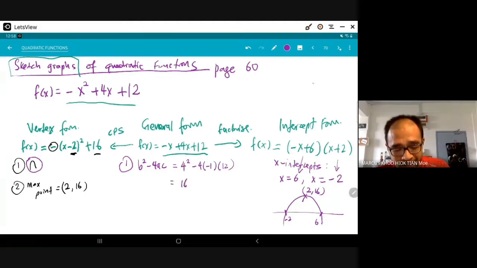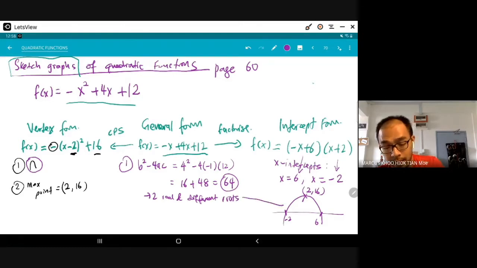So 16 plus, how much is this? 48. It will give us 64. So it's a positive number, right? Positive number means there will be two real and different roots, which is this. The two roots are negative 2 and 6.